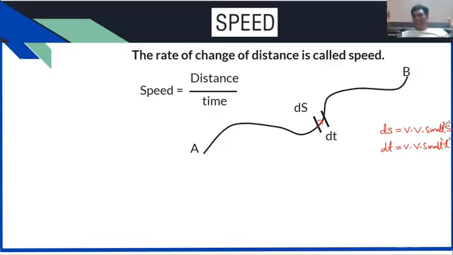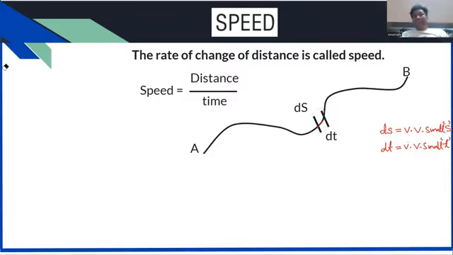The average speed may be total distance by total time, but the speed at this position will be the distance of this position divided by the time taken to cross this distance. That is called instantaneous speed, meaning speed at an instant. You should understand that definition.